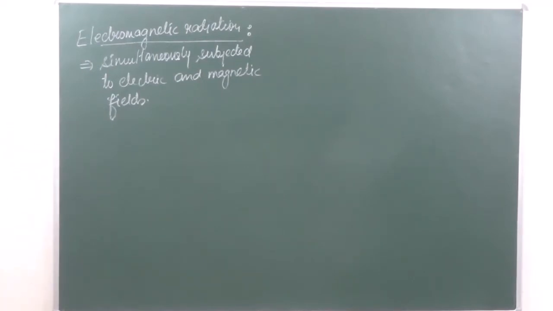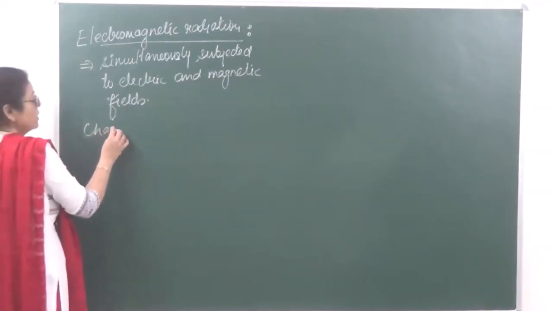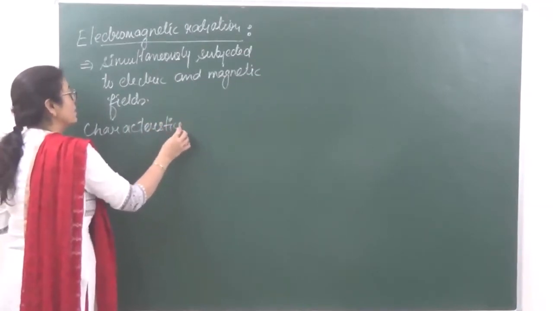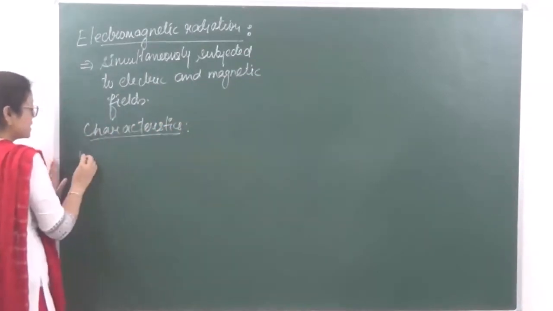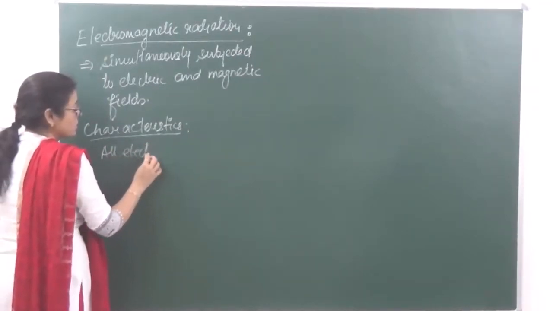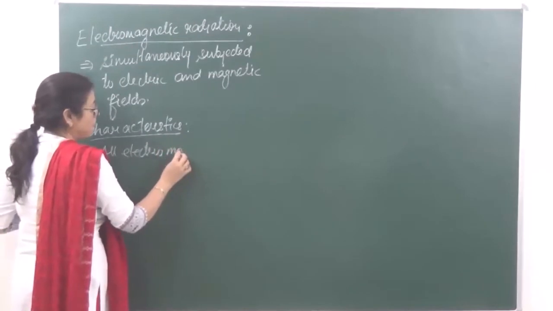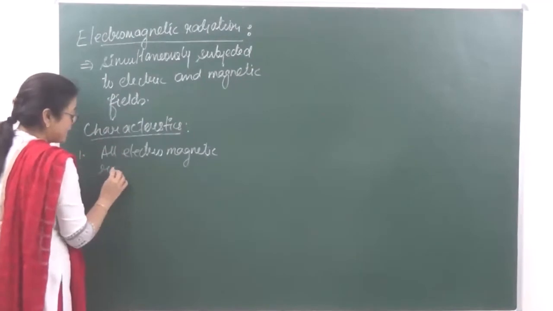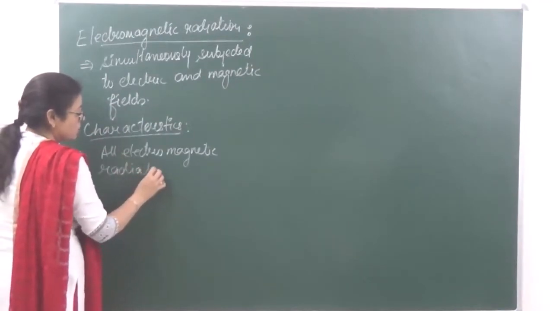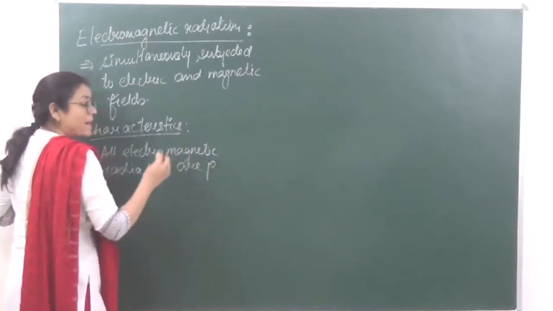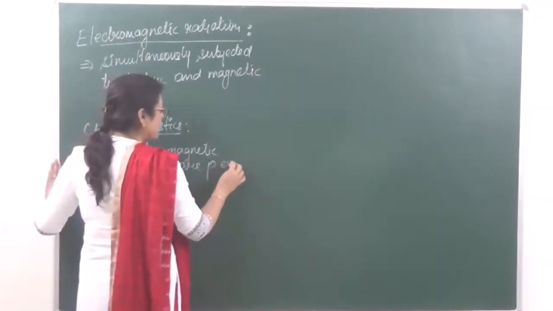Now if you are doing the characteristics of electromagnetic radiations, what do we say? Characteristic number 1, all electromagnetic radiations are perpendicular to each other.